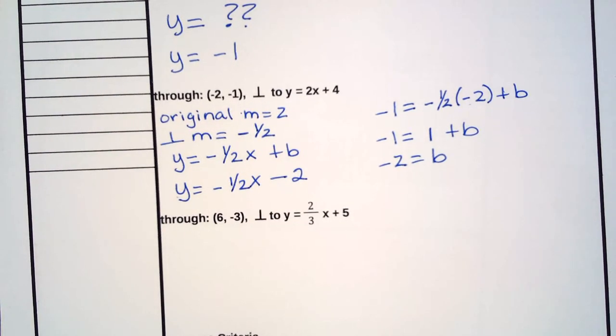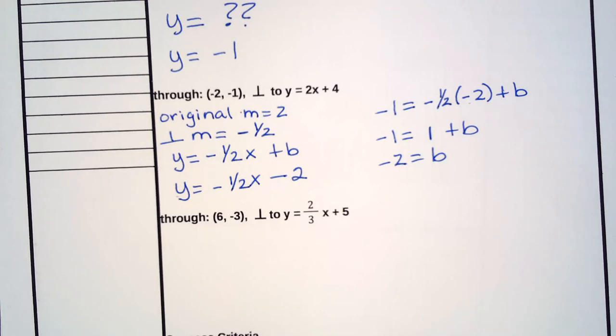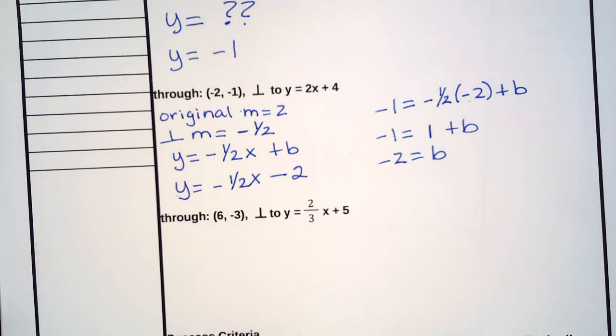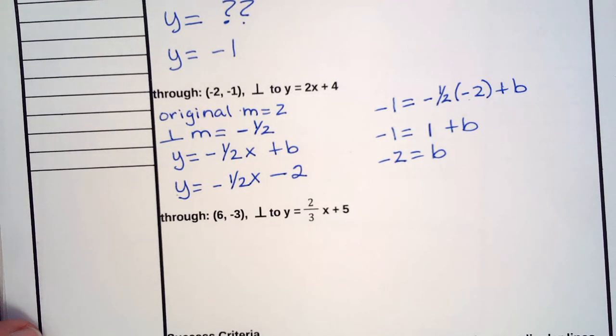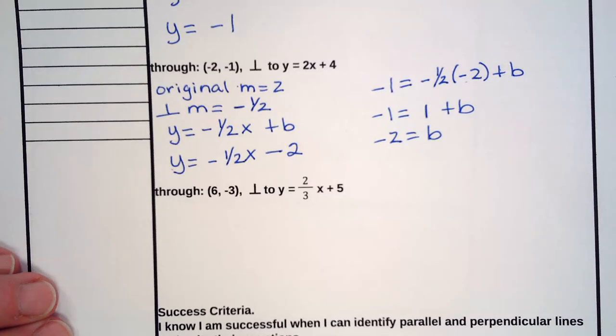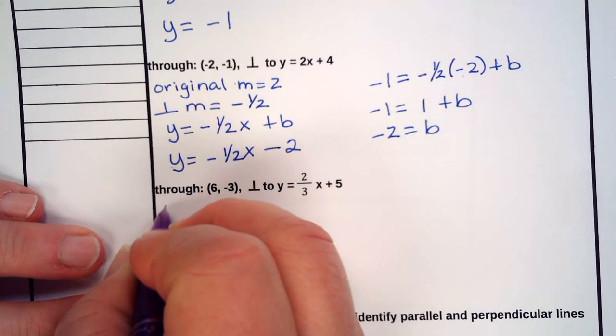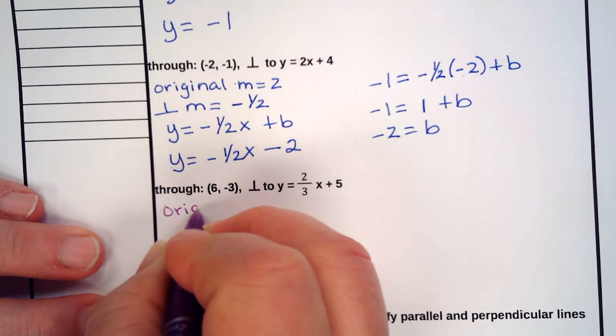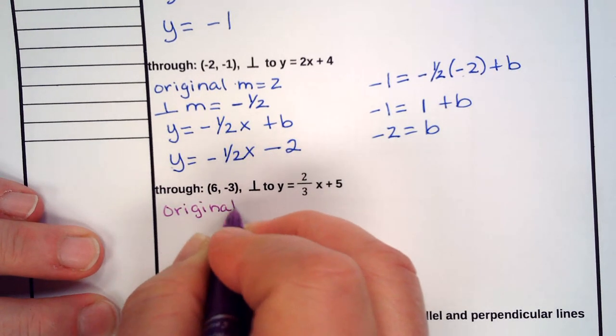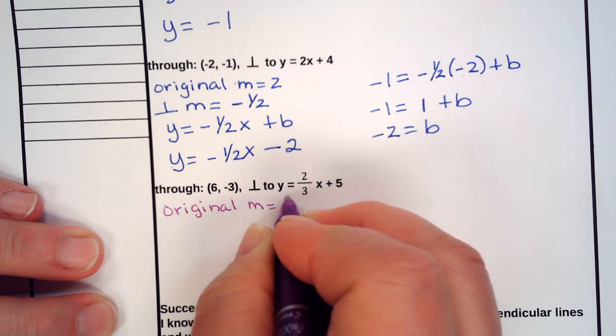Okay, pause the video and see if you can do the last one on your own. I hope you tried on your own, and this is just a quick check to see if you got it okay. So your original slope is 2/3.